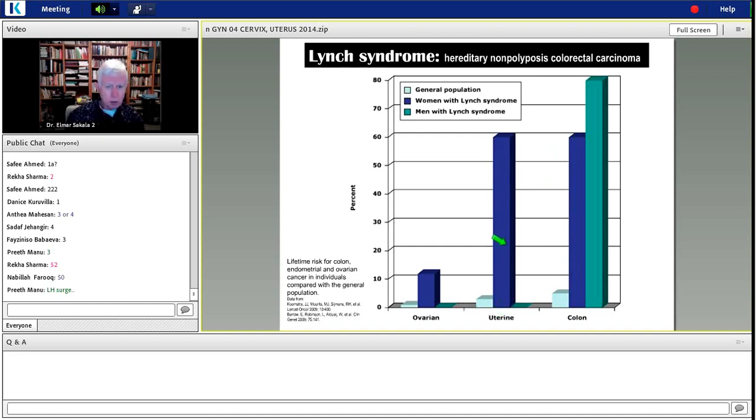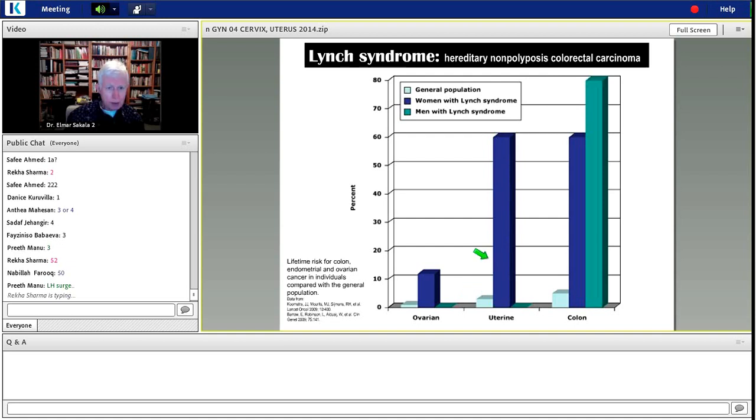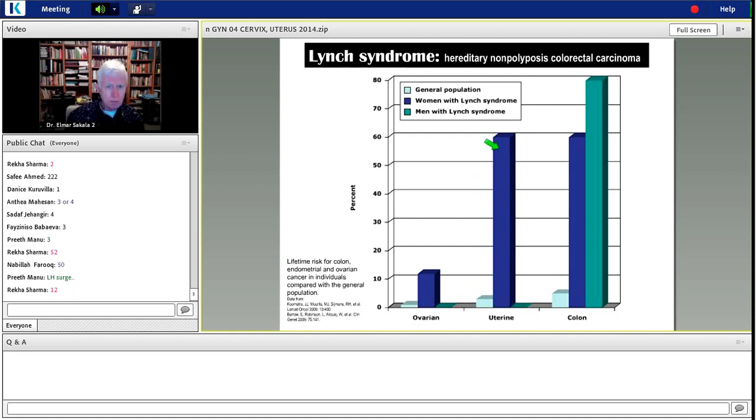Now, they call it uterine. How much higher is this column than this one here? It looks to me like it is 3, 6, 9, 12, 15. It's 20 times higher. And also ovarian cancer. So you should put this someplace in your brain. Lynch syndrome is associated with higher rates of ovarian cancer, endometrial cancer, and colorectal cancer.